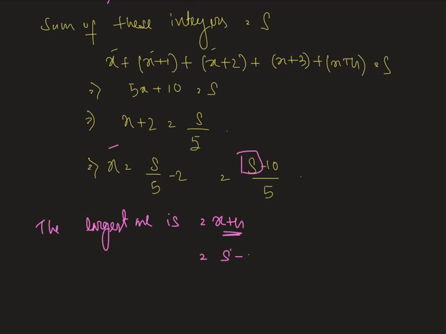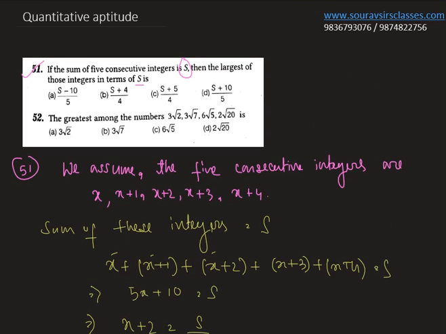Therefore, we get s minus 10 divided by 5 plus 4. Therefore, we get s minus 10 plus 20 divided by 5, which results in s plus 10 divided by 5. Hence, option D is the correct answer.